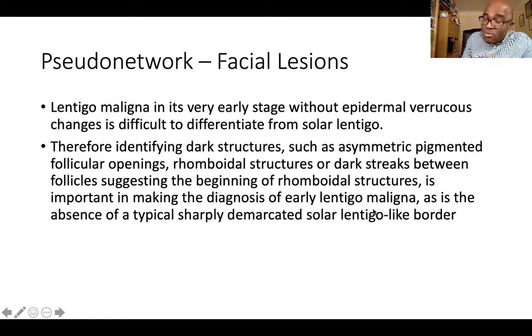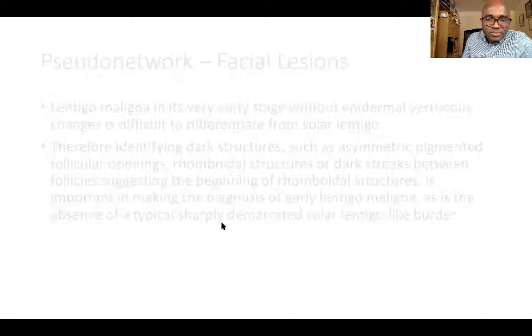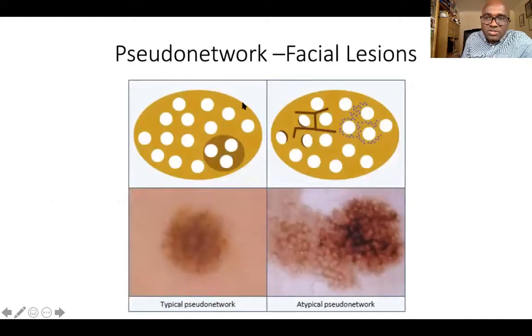This is a melanoma in situ because it is localized in the epidermis before it gradually develops into a lentigo maligna melanoma, in the absence of the typical sharp demarcation you find with lentigo-like borders.